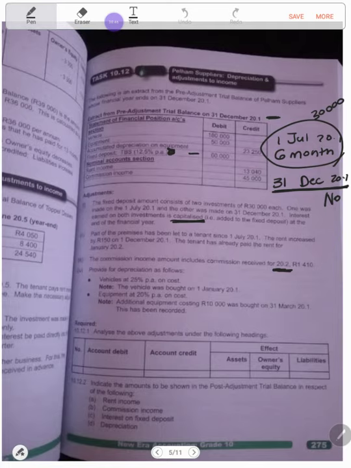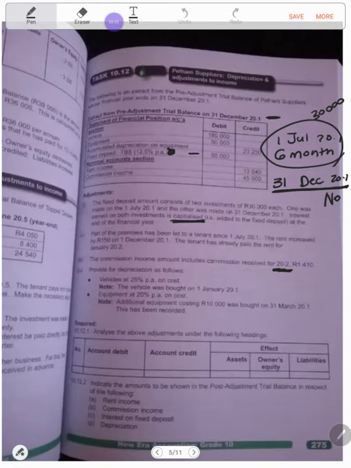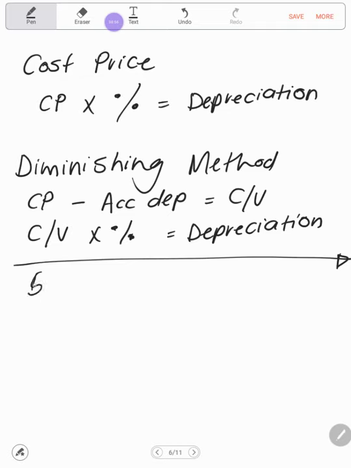You're going to have to subtract that 10,000 rand to work out your old equipment. So 50,000 minus 10,000, which is going to be 40,000.